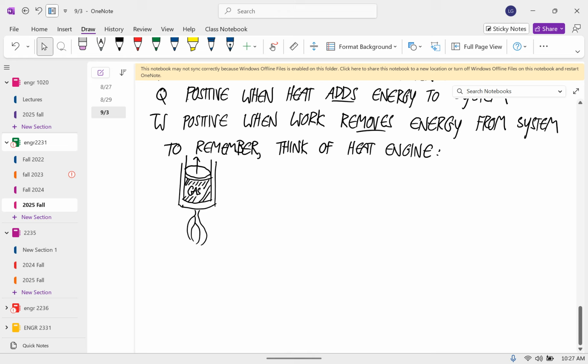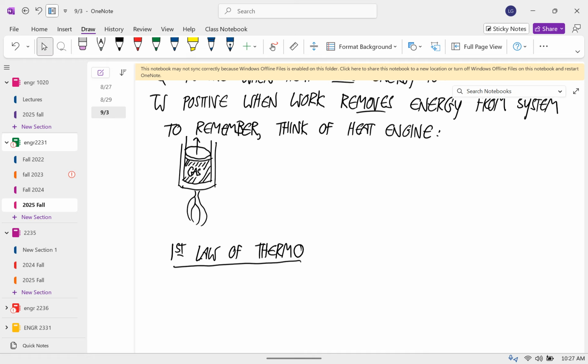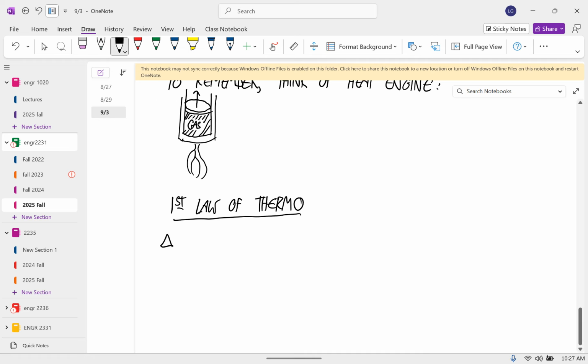So, okay, with all that, the first law of thermodynamics says the change in energy is equal to heat added to the system minus work taken from the system.